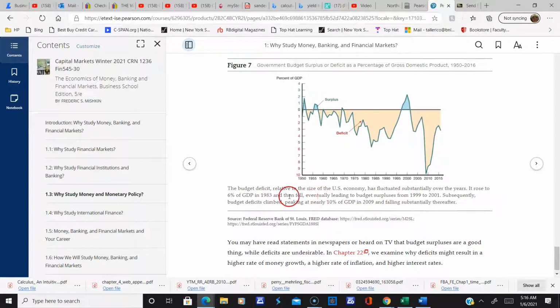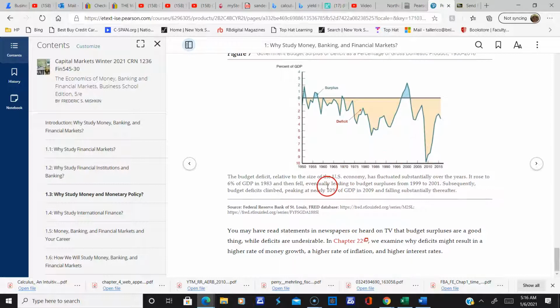They're giving you some early numbers up to 2016, which is nothing compared to what we have now. Anyway, deficits create problems. Deficits create inflation, right? And higher interest rates. So we have to be a little careful with that.